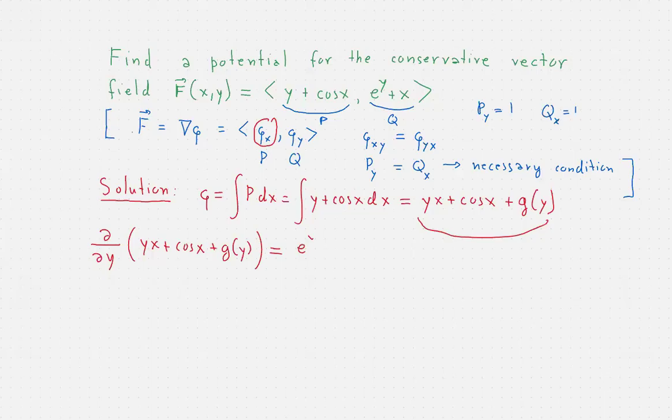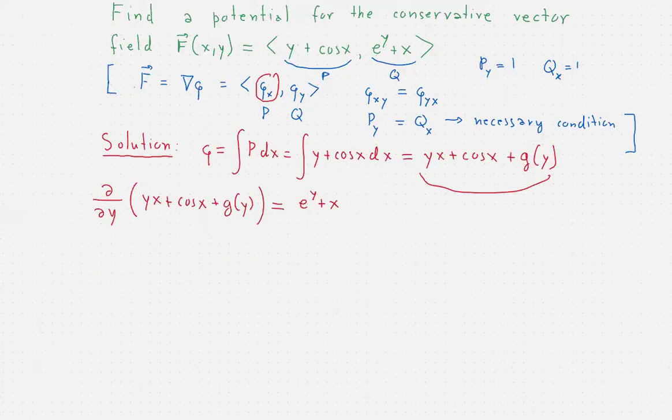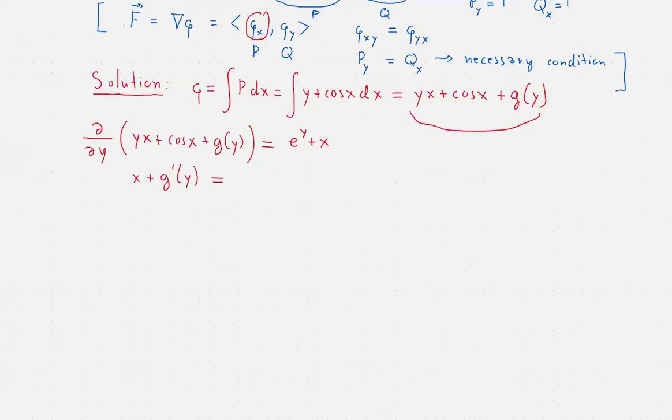So the derivative with respect to y of this will be x plus the derivative of cosine x, which is 0, and then we have to take the ordinary derivative of g of y, and that should be equal to e to the y plus x, and now the x's cancel. And this is very important for this process.